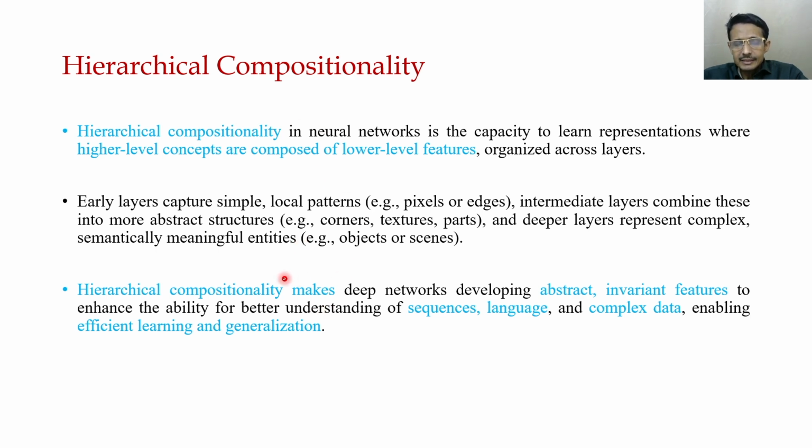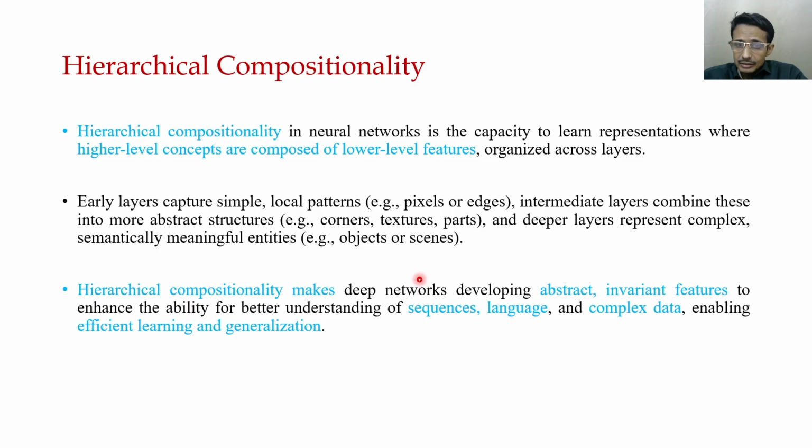So this hierarchical compositionality makes deep learning develop abstract or invariant features to enhance its ability to better understand a sequence. Sequence, why sequence? Because there is a sentence. There is some contextual meaning of the sentence. To understand this context is a very complex task.